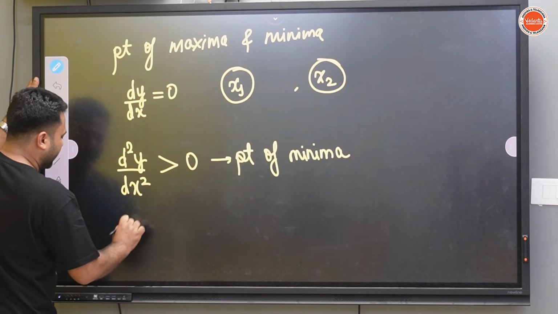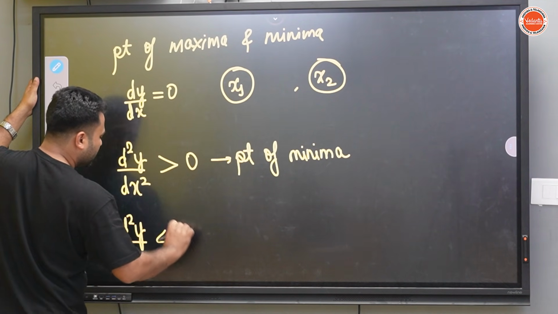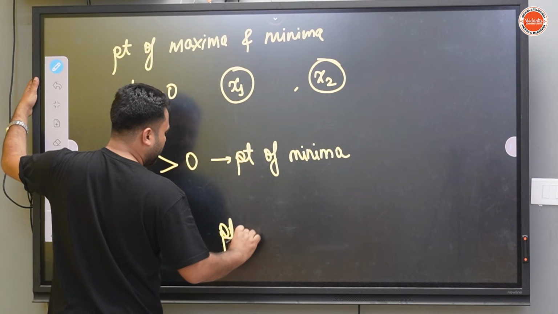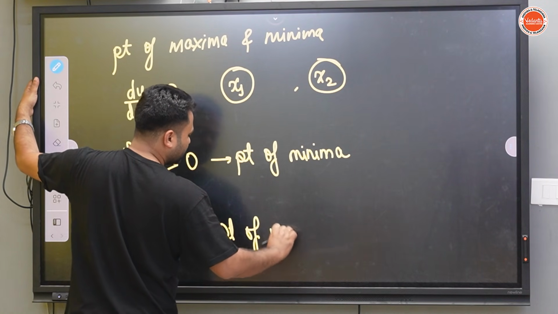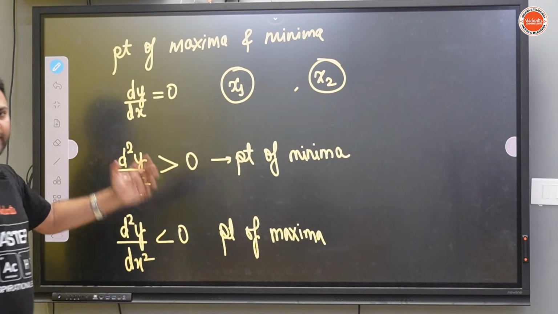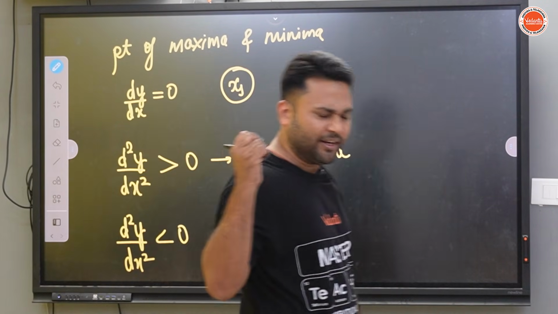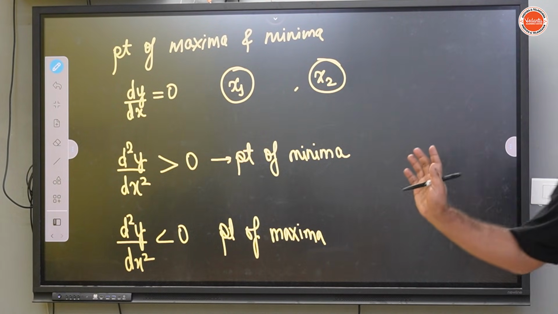And if you get less than 0, that is a point of maxima. If you get positive, that will be a point of minima. If you get negative, that will be a point of maxima. This is just mathematics. How it happens, let it go. Just remember this step.